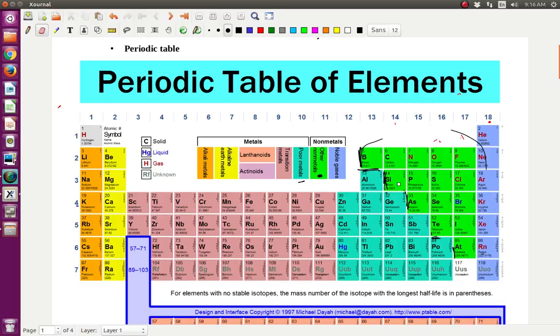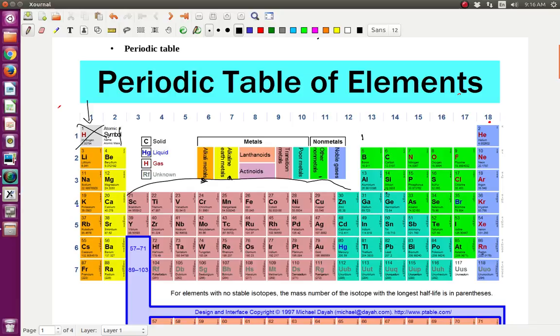So if you look at group 1, give me just a second to erase these guys. Okay. Group 1 right here, not including hydrogen, because remember that's its own thing. So these orange ones are the alkali metals. Group 2 are the alkaline earth metals. The transition metals are in the middle.